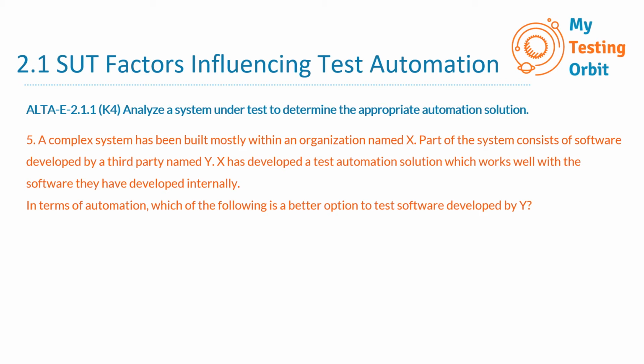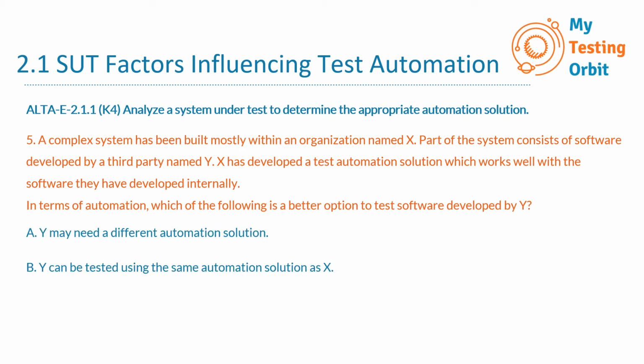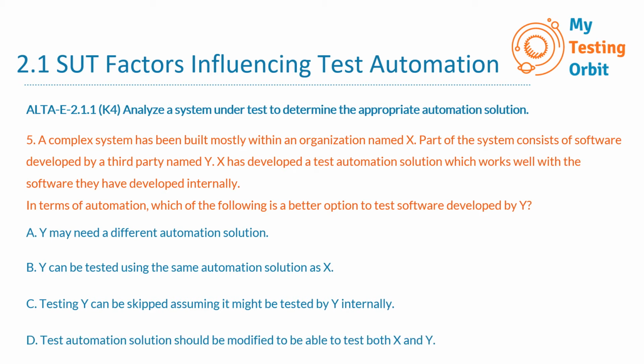And the options are: Y may need a different automation solution. Y can be tested using the same automation solution as X. Testing Y can be skipped, assuming it might be tested by Y internally. And the fourth option is test automation solution should be modified to be able to test both X and Y.